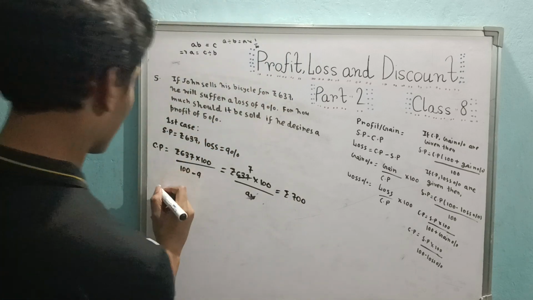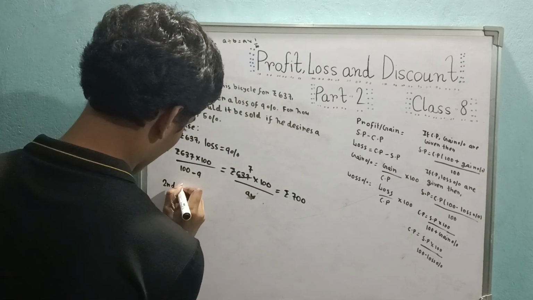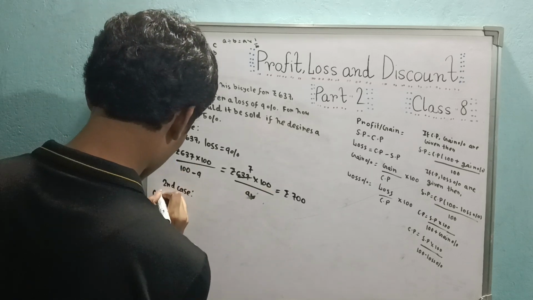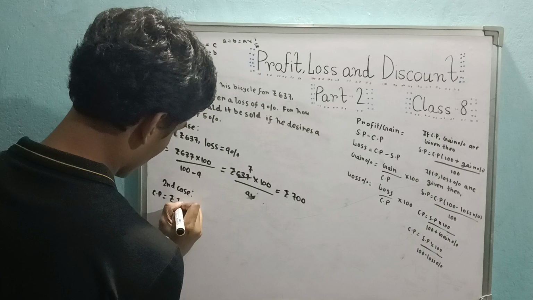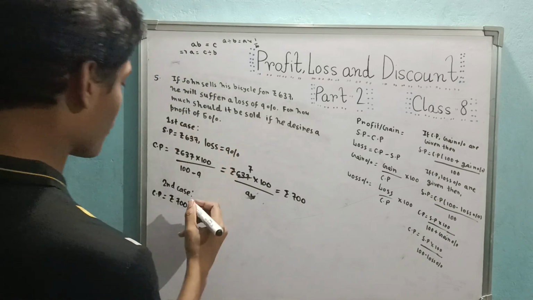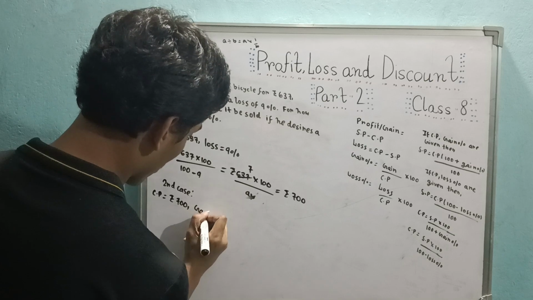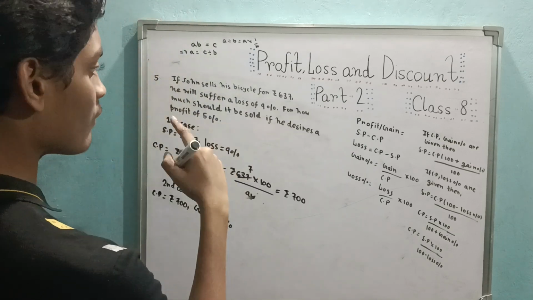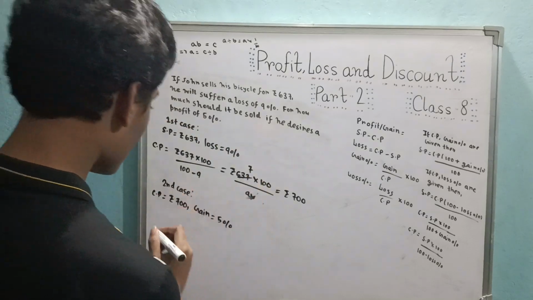Now for the second case. Now you have got CP is rupees 700. Now it's telling he desires a profit of 5%. So gain or profit equals 5%. Now they are asking to find how much it should be sold for. So selling price they are asking us to find.